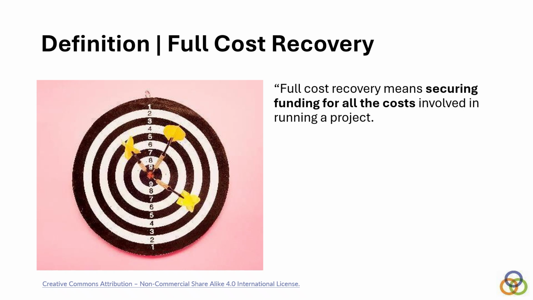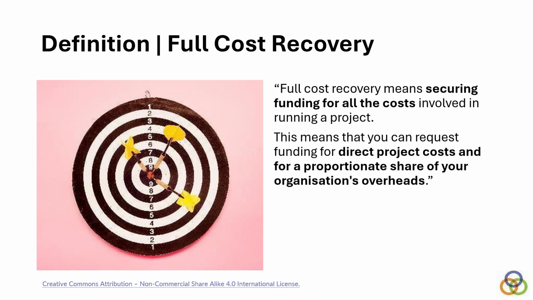And so full cost recovery means securing funding for all the costs involved in running a project. So you can request funding for your direct project costs and a proportionate fair share of your overheads. And the National Lottery Community Fund has a fabulous guide on full cost recovery. If you haven't done percentages for a while, it will walk you through them. Have a look.